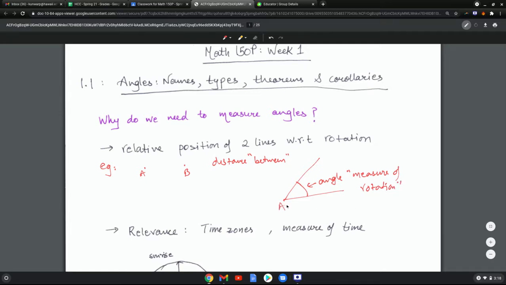Which is to say, if I take this line AB, how much do I have to rotate it so that it becomes the line AC? That measure of the rotation is called an angle. So that's important because a lot of times we talk about rotation, which is a very significant physical operation.